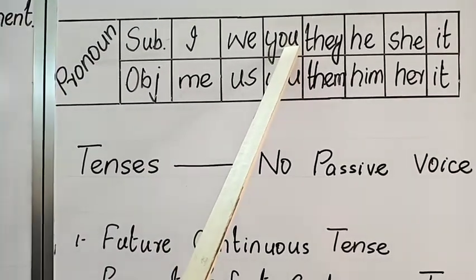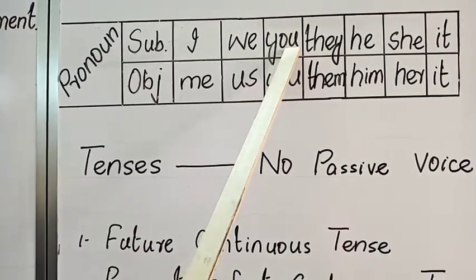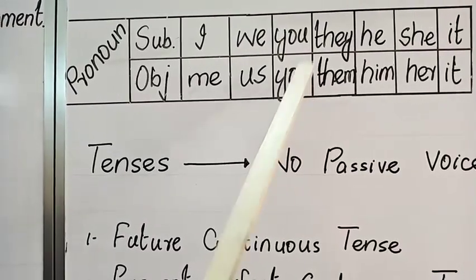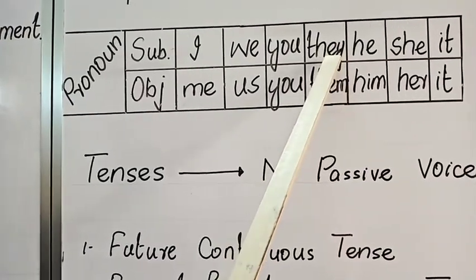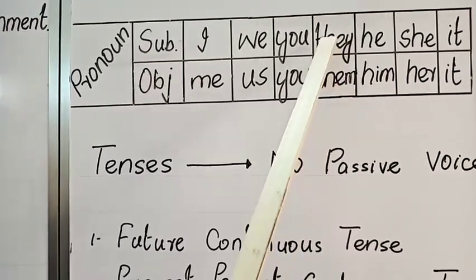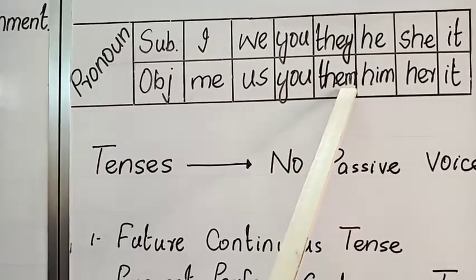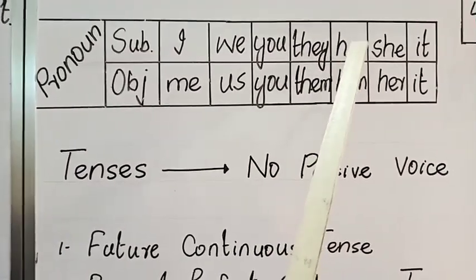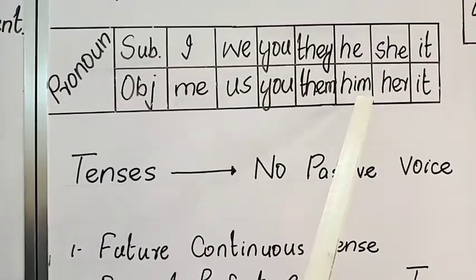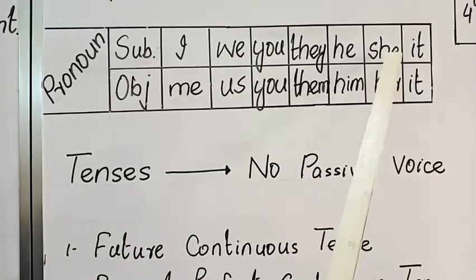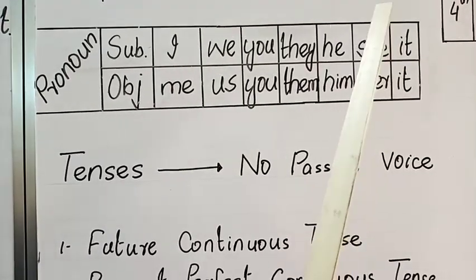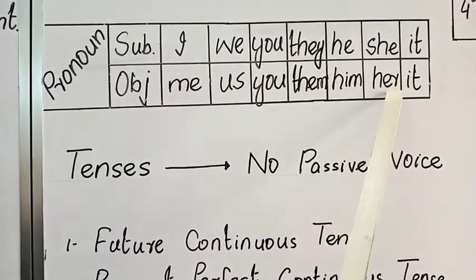You is second person singular and plural subject and its object is also you. They is third person plural and its object is them. He is the third person singular, used for boys, for men, and its object is him. And she is third person singular and is used for girls, for ladies, and its object is her.